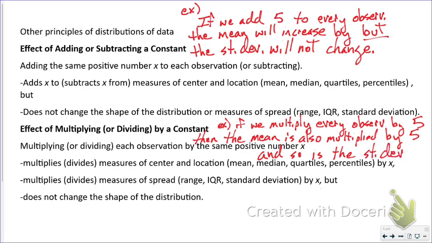That one's a really nice principle because the mean and the standard deviation would be then multiplied by 5. It's that adding and subtracting that catch people off guard because the standard deviation is not affected by adding and subtracting.